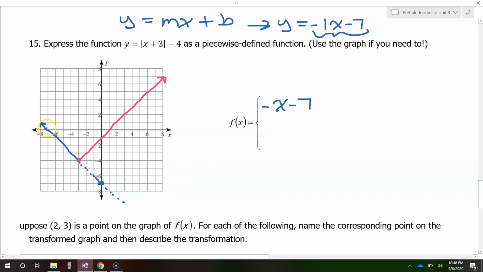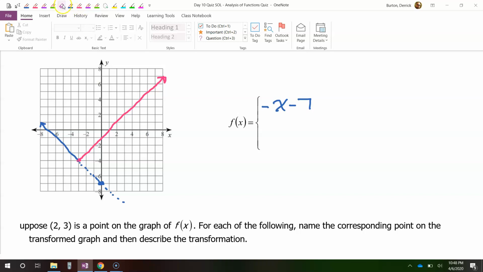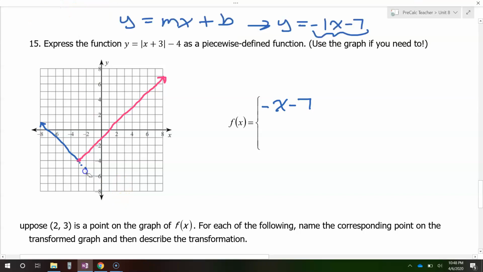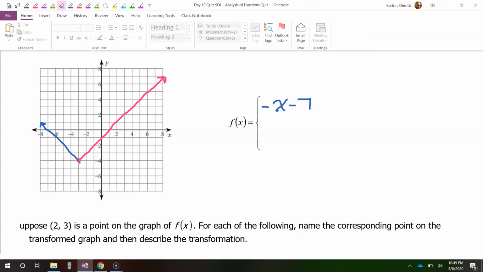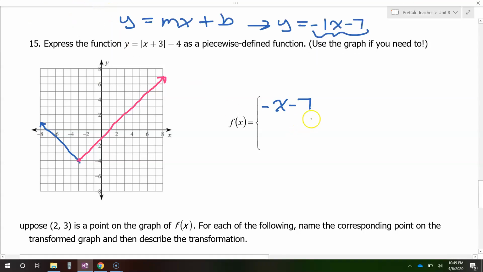Okay, now, obviously we don't get to keep the entire line. We're only keeping this portion of the line that's colored blue. We need to include what is called the domain of this piece. In other words, we need to mention the x values where this part of the graph exists.